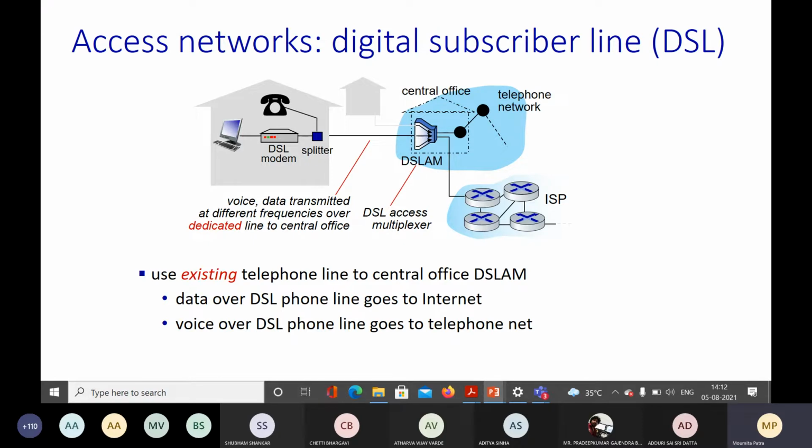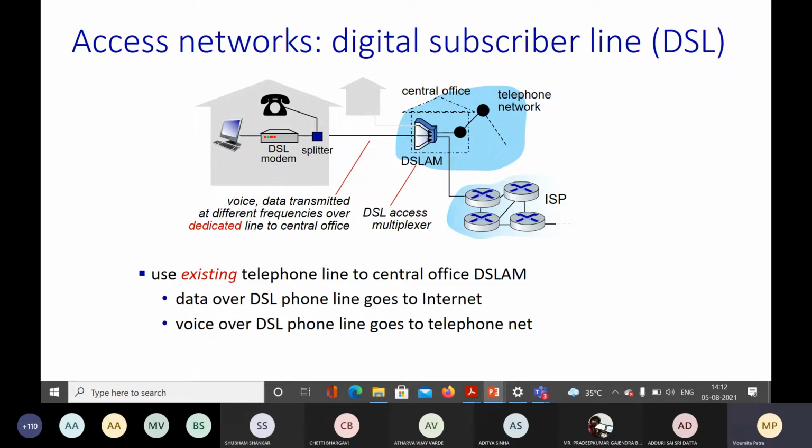But when it comes from the modem and has to go through the wires along with the telephone line, then it has to be an analog signal, right? So this DSL modem is the one that helps with this conversion.